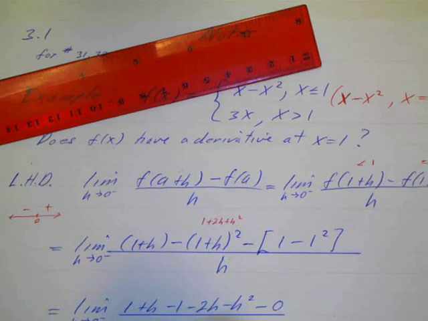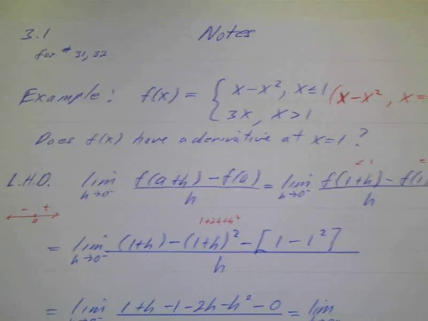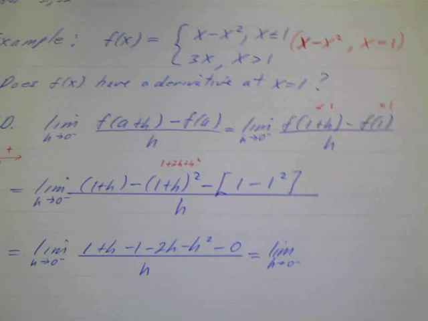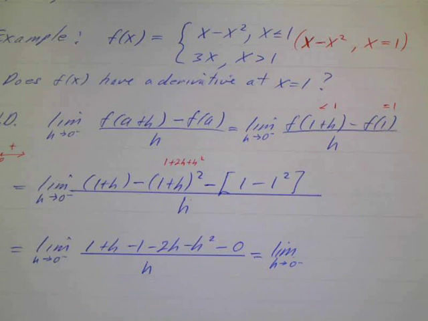All over h. And we can simplify this as the limit as h approaches 0 from the negative direction. Oops, let me move this out of the way here. And 1 minus 1 goes away. So I've got 1 minus 2h is negative h.